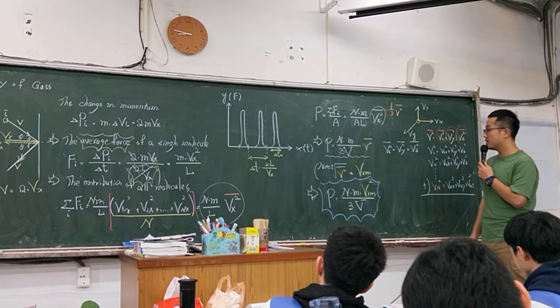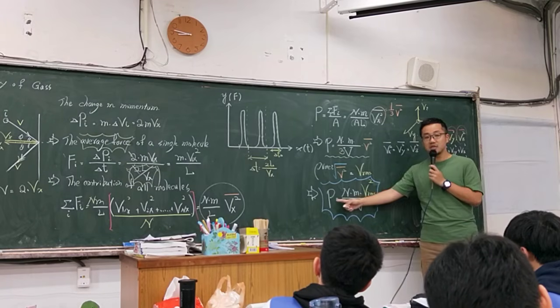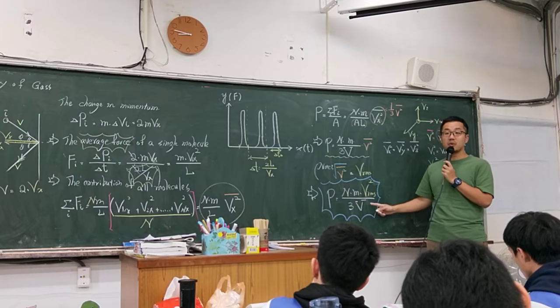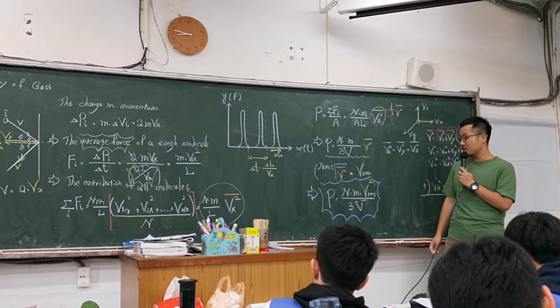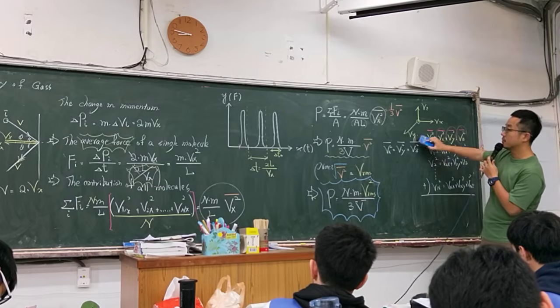There's one more thing I need to tell you: for an ideal gas, we all know that PV is equal to nRT, and also capital N times k times T, right? So let me explain this for you.